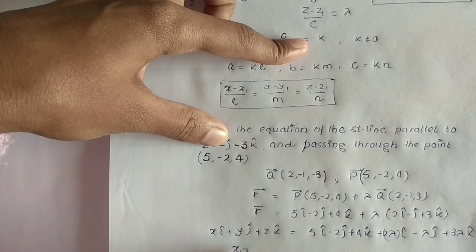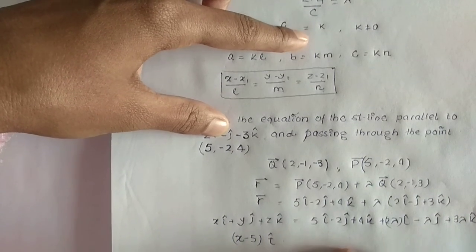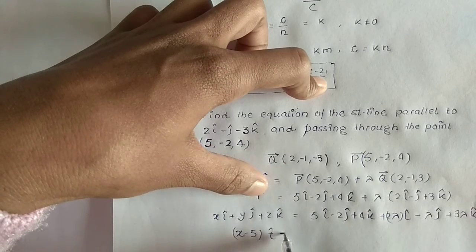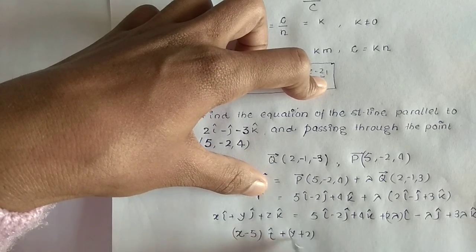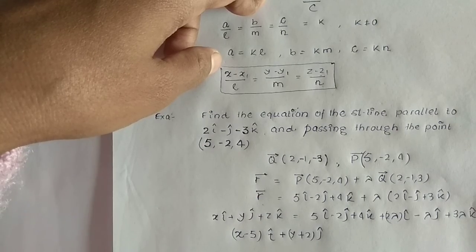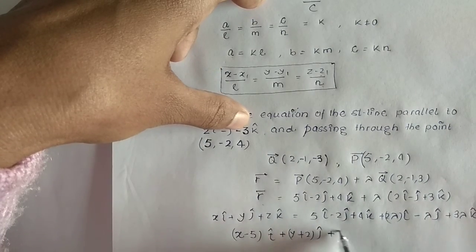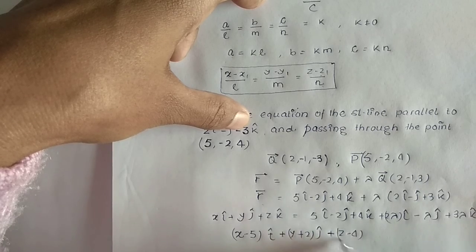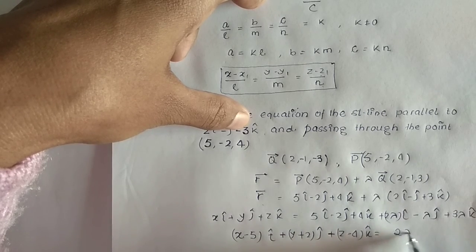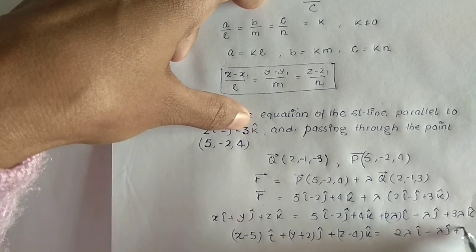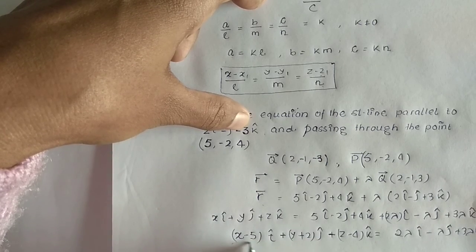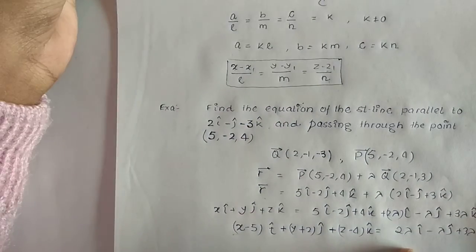Then this will be i plus 2 j, and this is equal to 2 times lambda minus lambda j. Here you see the two vectors are equal, so their components must be equal.